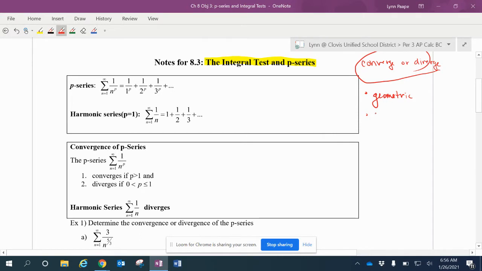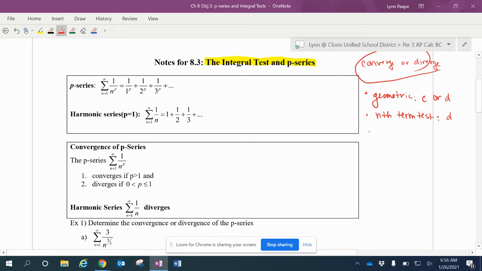Our other one was the nth term test, and that didn't help us decide if something converged. It only decided if it diverged, right? So geometric told us if it converged or diverged. The nth term test only determines if it diverges, and that was if the tail end terms do not go to 0, then it will diverge. If it does go to 0, who knows?